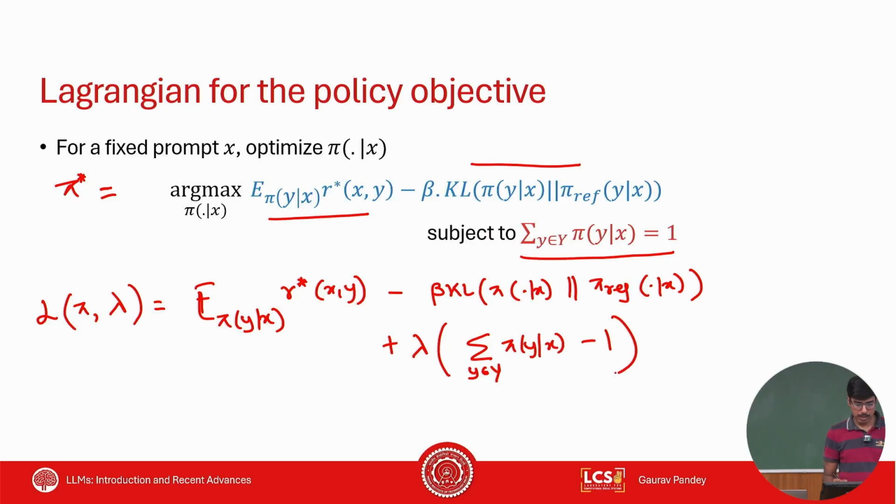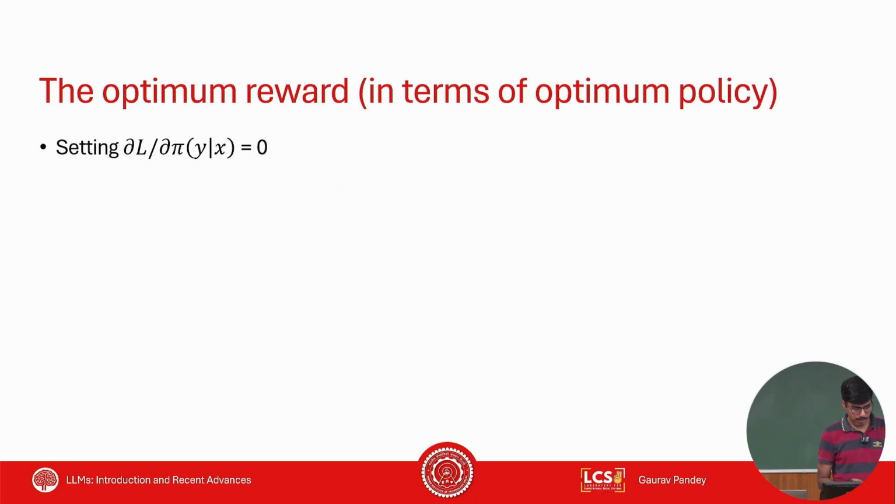Okay, this is the Lagrangian, and now we'll compute its partial derivative with respect to pi.